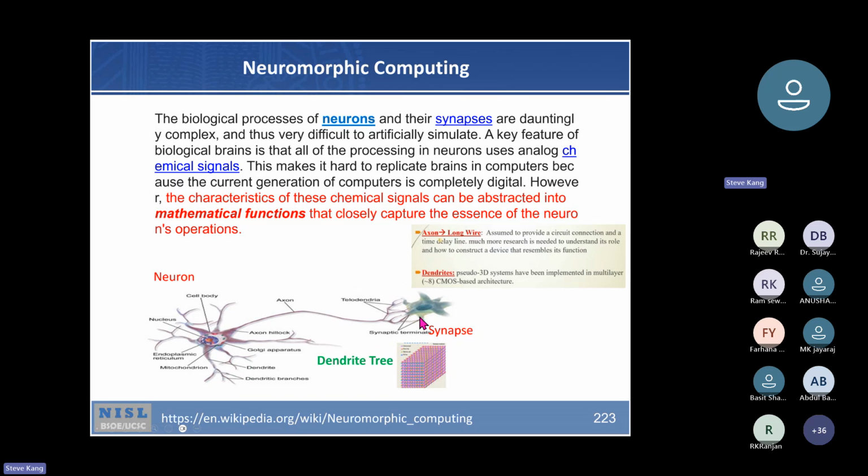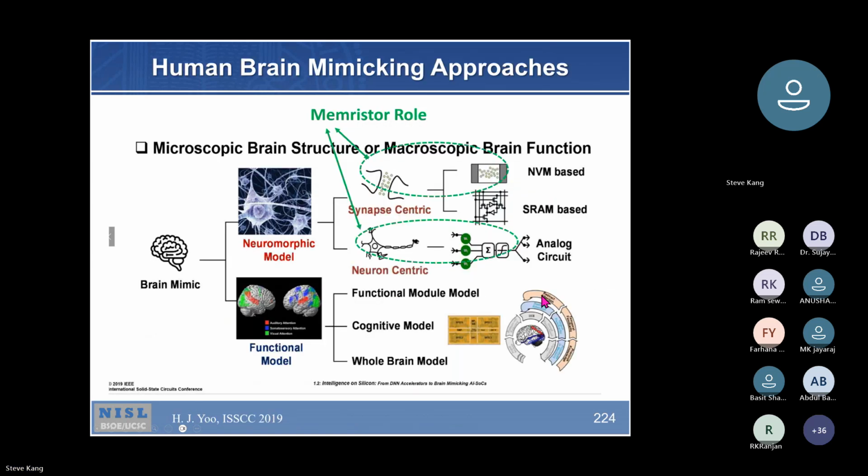And then there's a synapse point here, for instance. And the dendrite is even more complex. People are looking into the dendrite using a three-dimensional memristive network. So a dendrite pseudo-3D system has been implemented in multi-layer CMOS-based architecture, for instance.